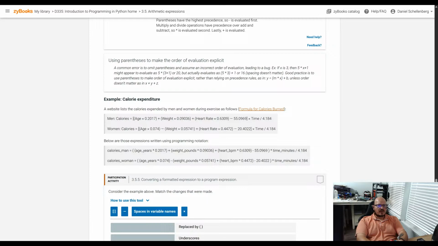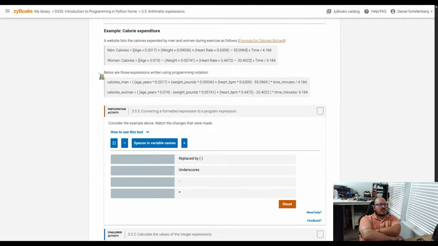Spacing doesn't matter. Good practice is to use parentheses to make order of evaluation explicit, rather than relying on precedence rules, as in y equals m times x plus b, unless order doesn't matter, as in x plus y plus z.